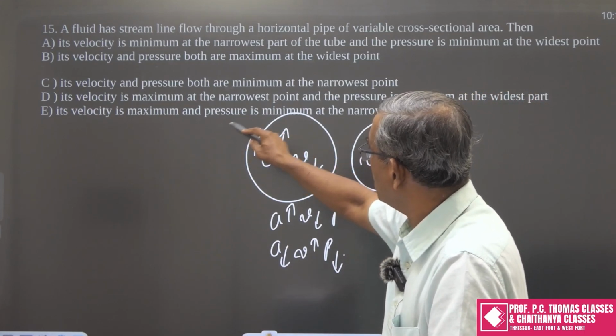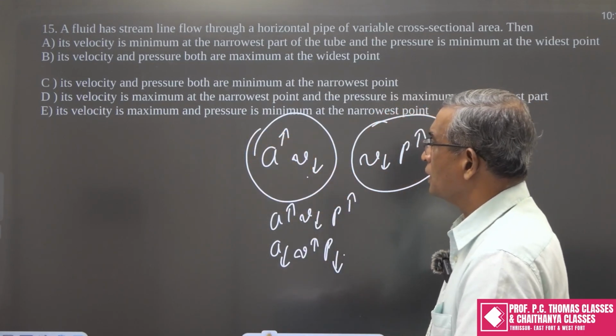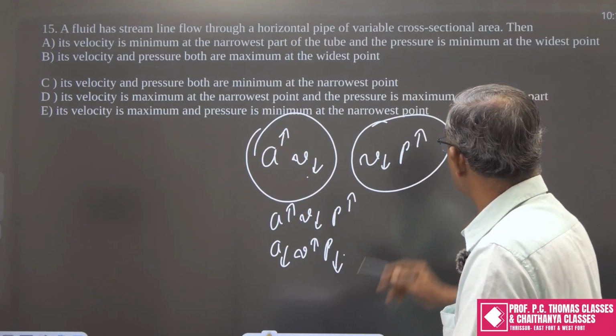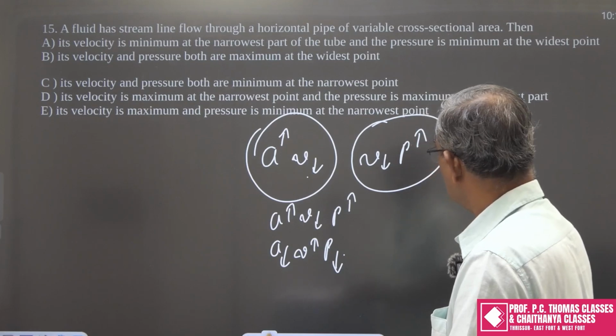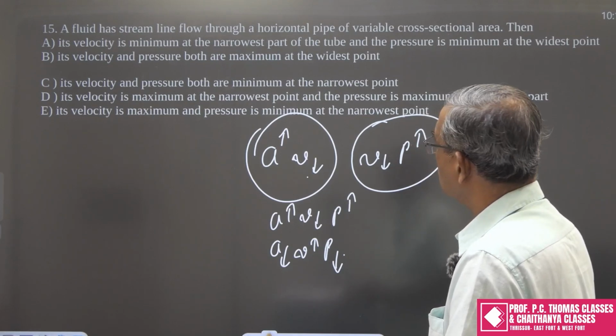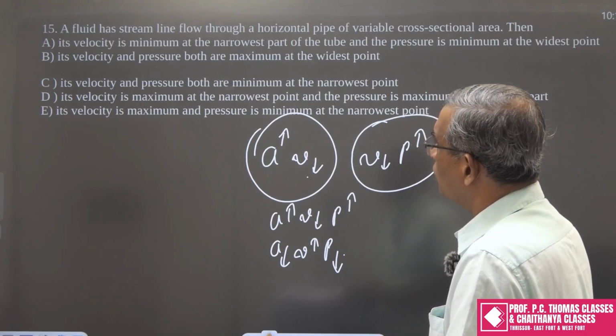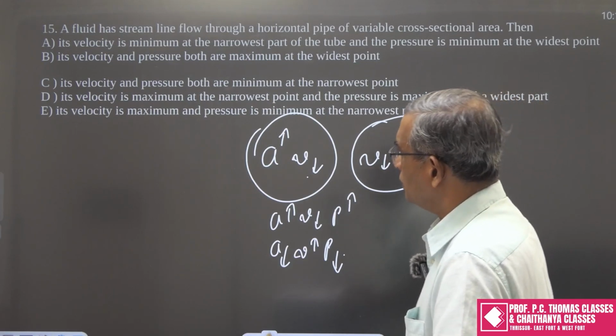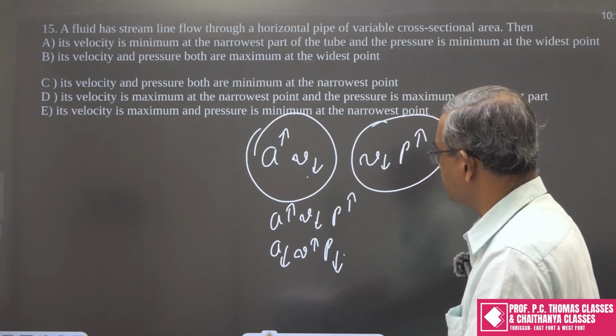Velocity is maximum at the narrow point. That is true. Pressure is maximum at the widest point. Where the area of cross-section is small, the velocity is large.